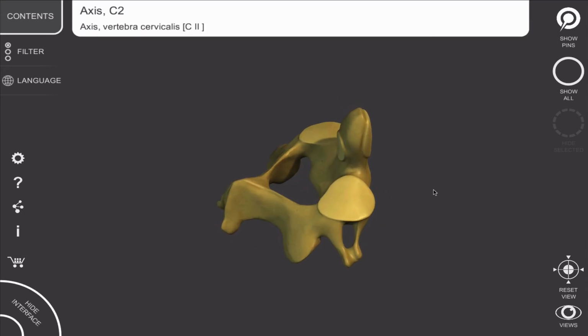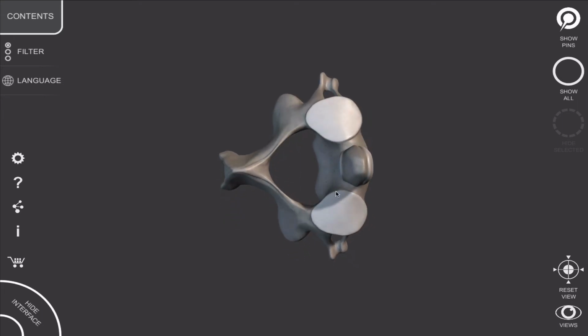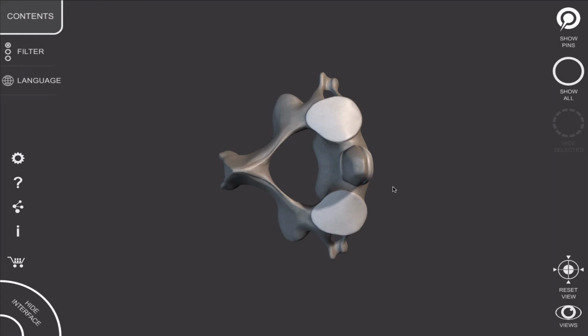That peg is called either the dens, D-E-N-S, or the odontoid process. The odontoid process. And the dens is that post that the atlas will revolve around. So most of your rotation, most of your turning your head right and left occurs at this one segment between atlas and axis.